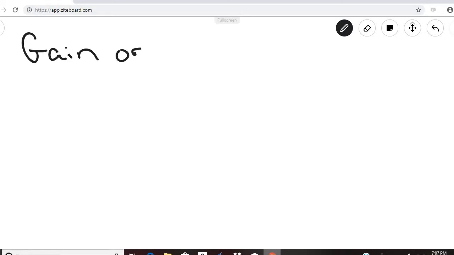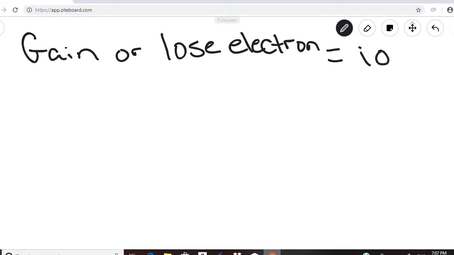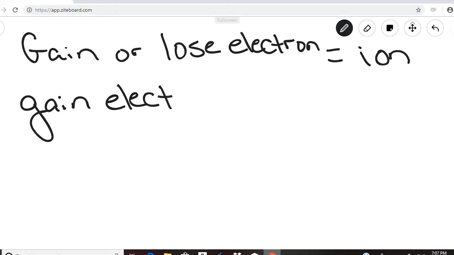or lose electrons, and then it becomes an ion. So if an atom gains an electron, then it's gaining a negative charge because electrons are negative, and so this would be a negative ion.